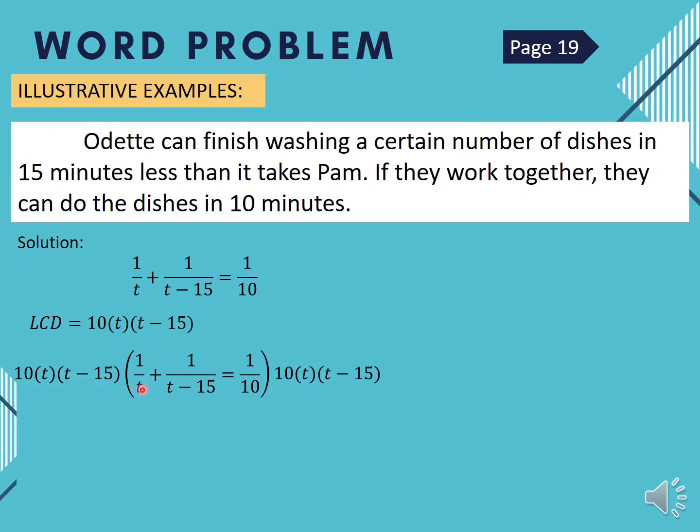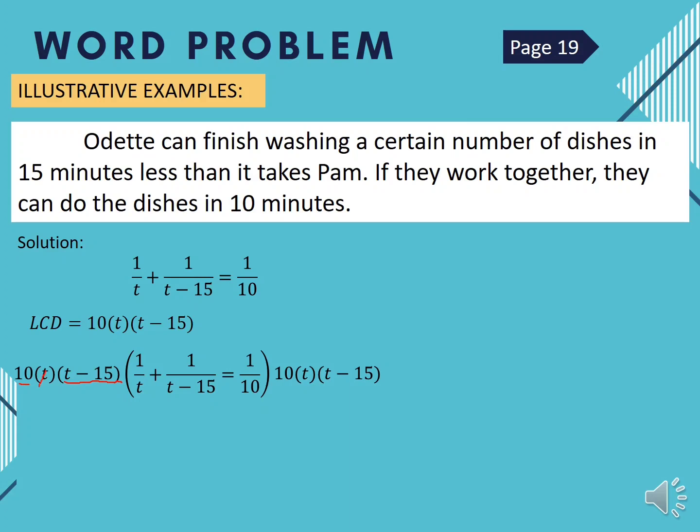Since T is in the denominator, we can divide it by 10T times T minus 15. So, kapag dinivide natin ito by T, meaning, makakancel natin si T. Tama? Kapag nakancel natin si T, therefore, natira na lang si 10 at saka si T minus 15.